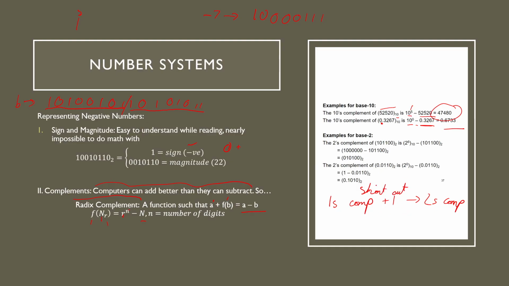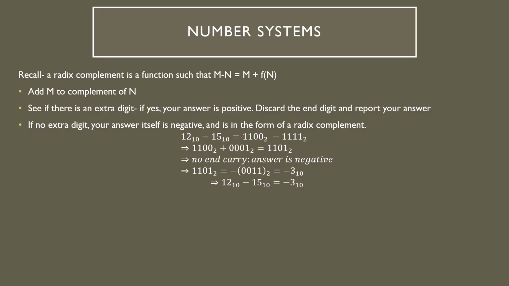And this only works for numbers that don't have a binary fractional component. So they don't have a fractional part after the decimal point, or the binary point, they only have a whole number over here. So why did we go over this? Well, again, a radix complement is a function such that m minus n is equal to m plus f of n. Now you already know how to add binary numbers.